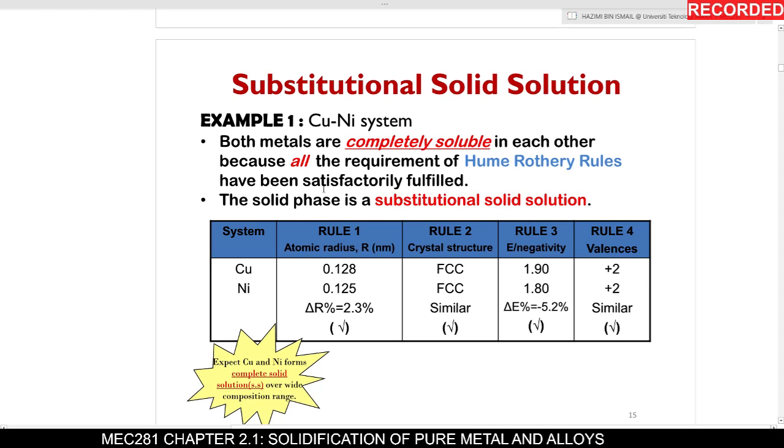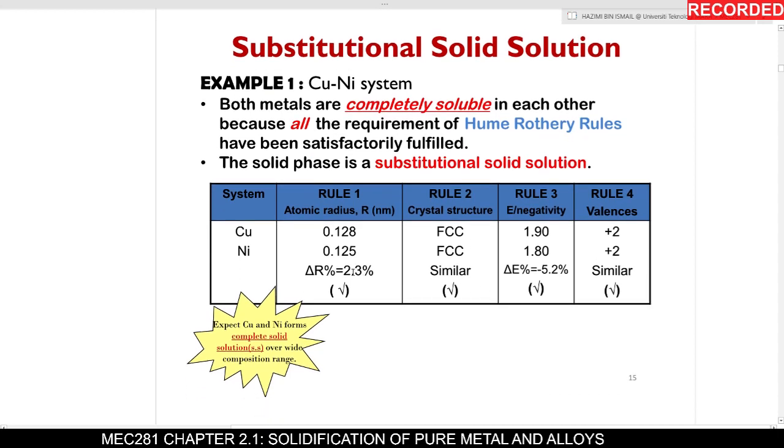How do you know it completes all the requirements? We have to check one by one. Rule 1 is the atomic radius. You can find the size of atomic radius in textbooks or on the internet. The size of copper is 0.128 nanometer, nickel 0.125 nanometer.